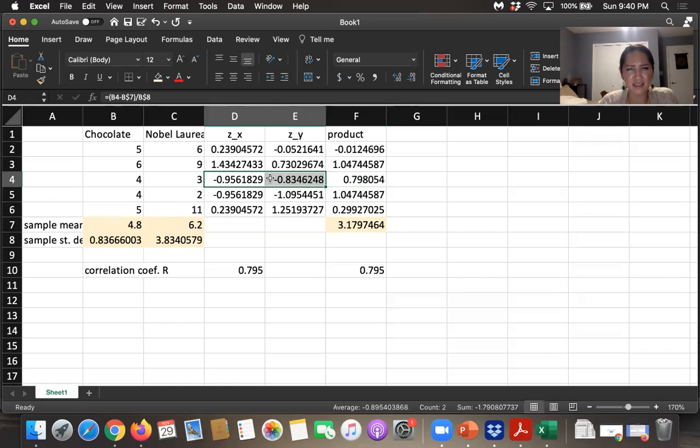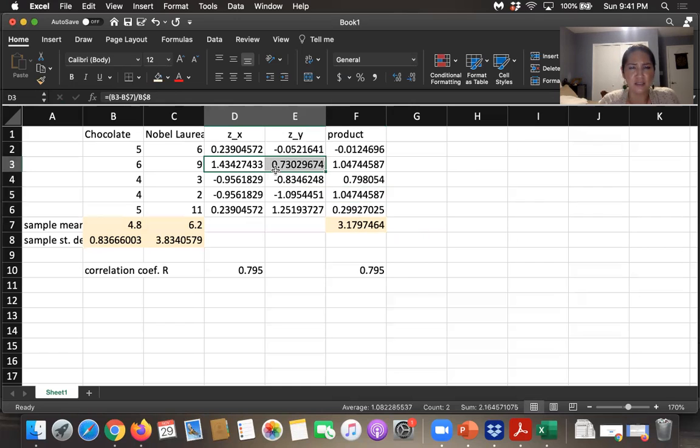So when you multiply these guys together and you get a positive number over here, that tells you that they're in the same sort of quadrant. I've got 2 z-scores that are below their means. When I multiply them, I get something that is positive.